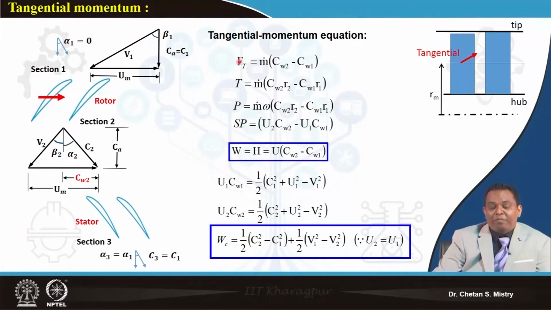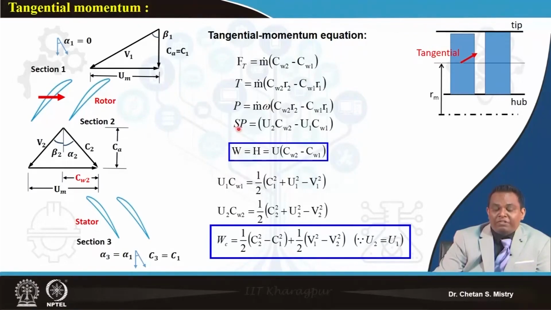My tangential momentum can be written as m dot into Cw2 minus Cw1. I know this tangential velocity component is responsible for the generation of my torque. So I am writing here in the sense of force into distance. That will give me power as an equation.